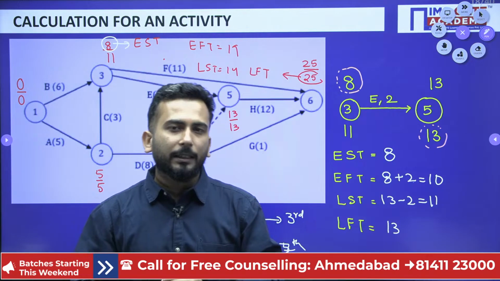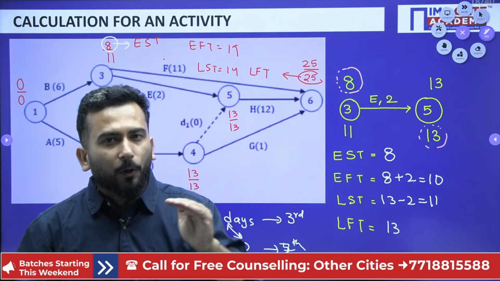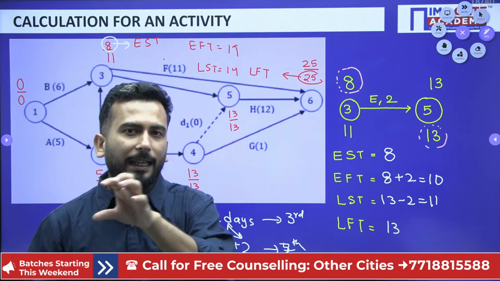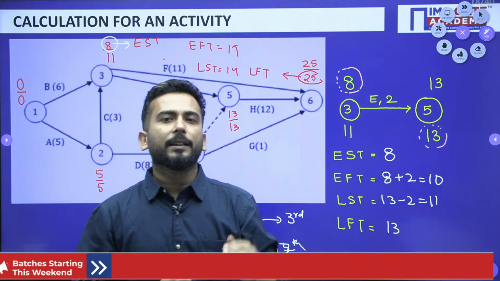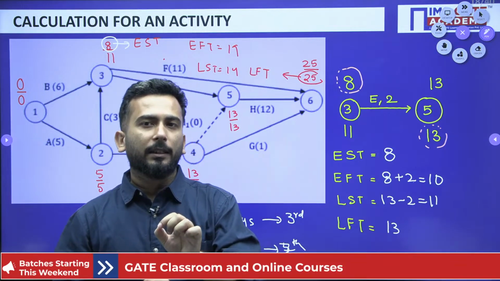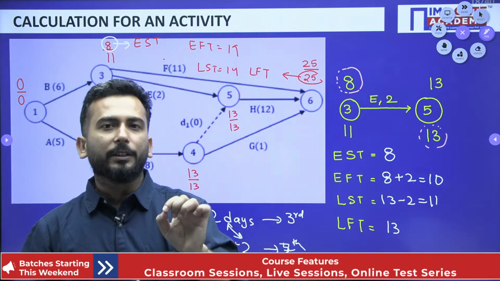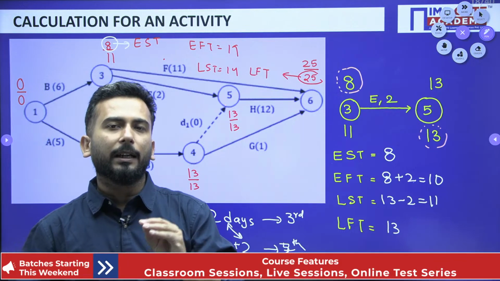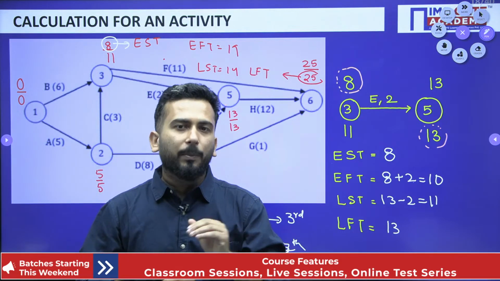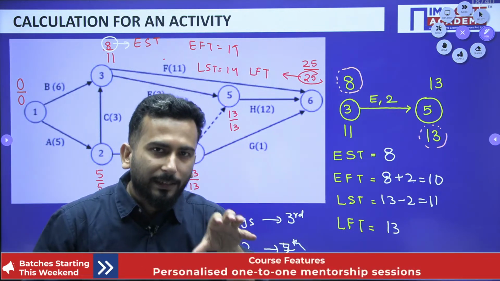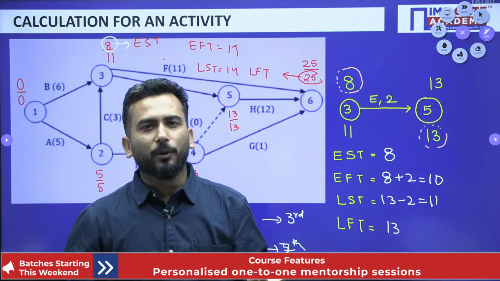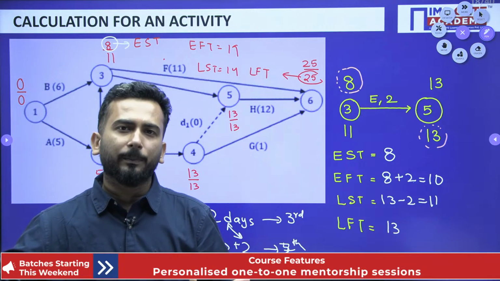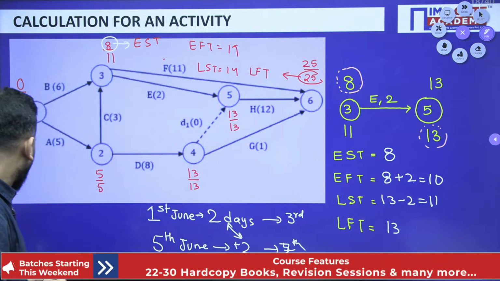And my dear friends, the path on which these critical activities are lying is called the critical path. If you add the duration of the critical activities, you will get the duration of the critical path. Yes or no?